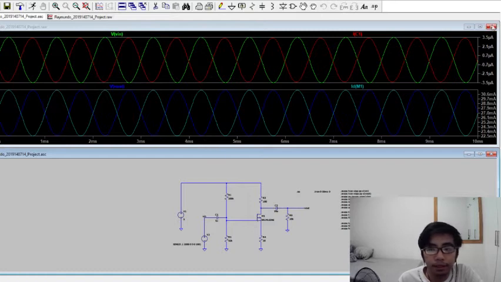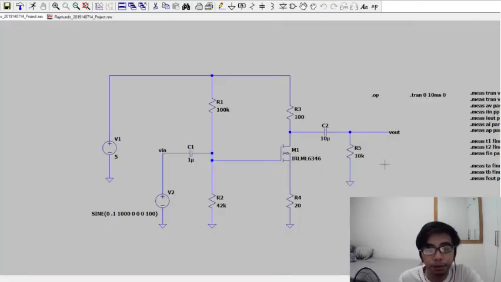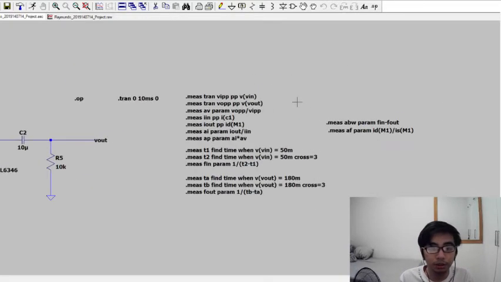So this is the look of the waveforms that are made in this MOSFET amplifier circuit. For the project, let us solve it again by doing this.